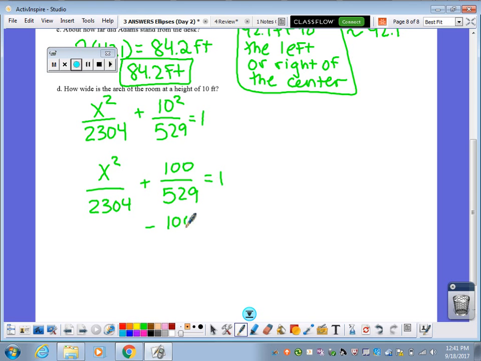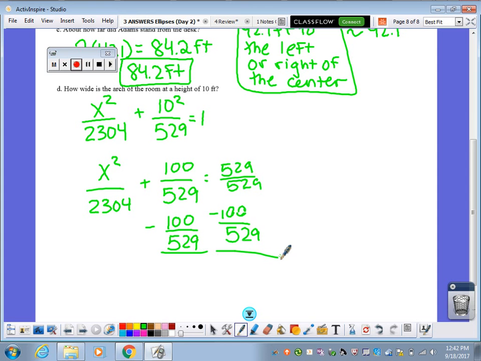We subtract 100 over 529 from both sides, which we know 1 is equal to 529 over 529, so that we can subtract these easily. And now we get x squared over 2,304 is equal to 429 over 529.